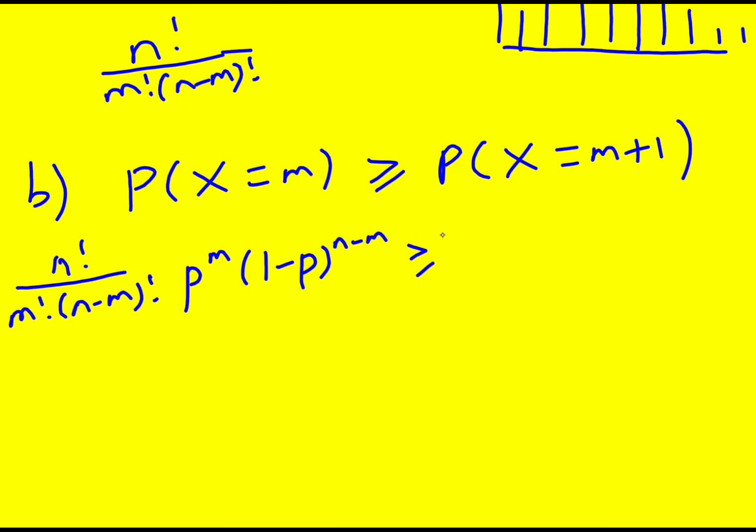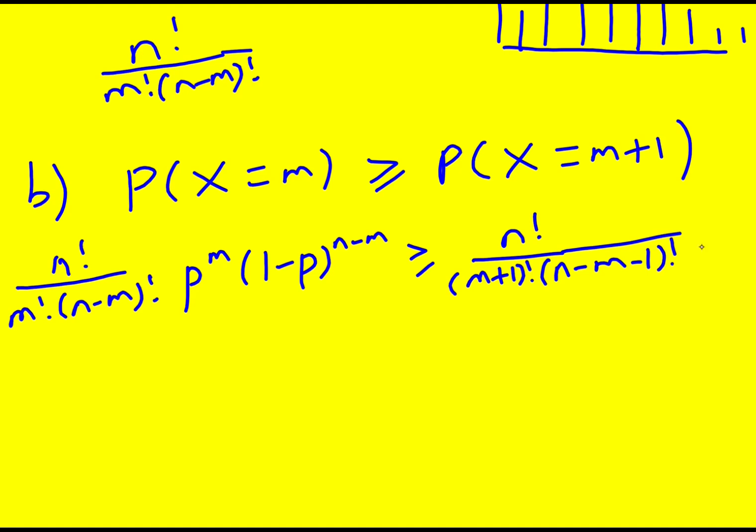And that is going to be greater or equal to n factorial over, for similar reasons, (m plus 1) factorial, and then it's going to be (n minus (m plus 1)) factorial. I can just make it n minus m minus 1, factorial.